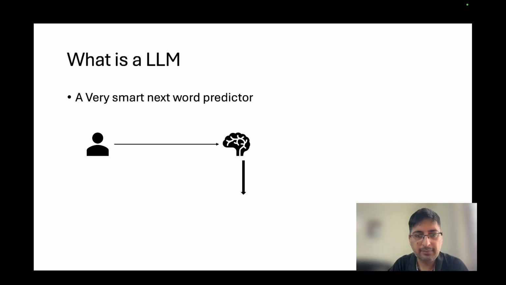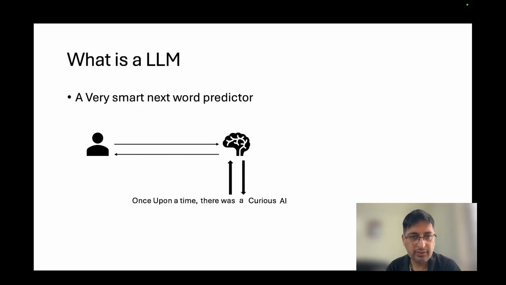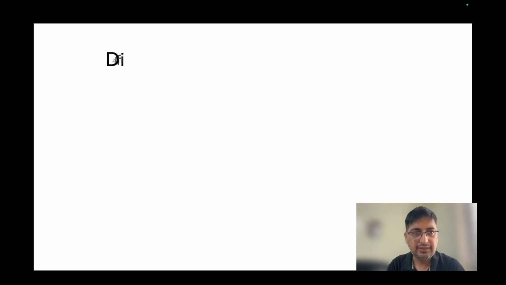And that's how it completes the sentence or the story that you have asked it to complete. So this is what, in simple words, a large language model is doing. It's just predicting the next word. However, as a user, you get an illusion that the whole sentence or the paragraph was created, and there is just fast typing.